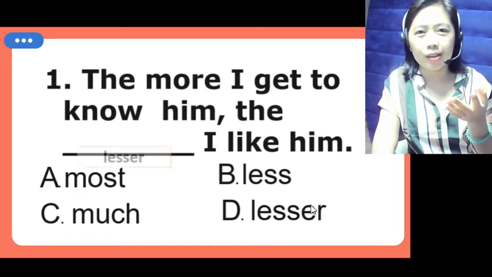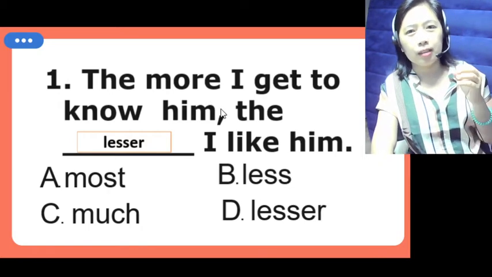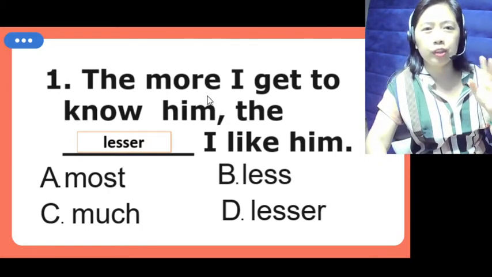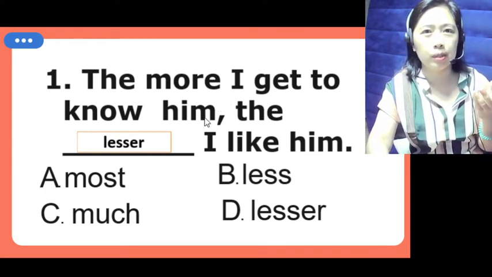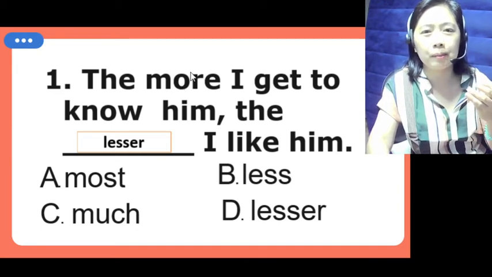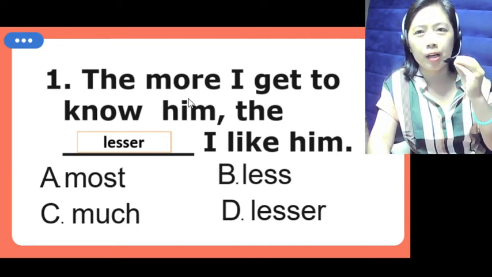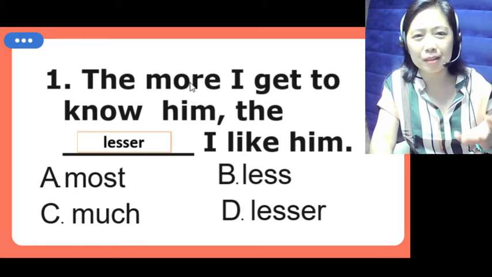Okay, our answer here is lesser. Try to observe here the first sentence we have: the more I get to know him. That's the first thought or the idea of the statement. So you already have here the comparative adjective.